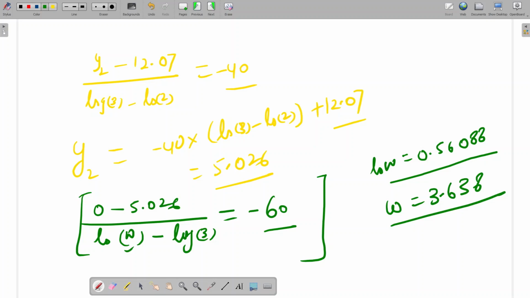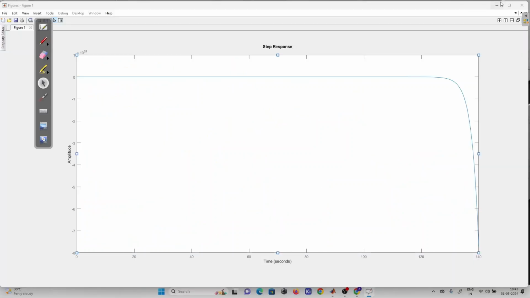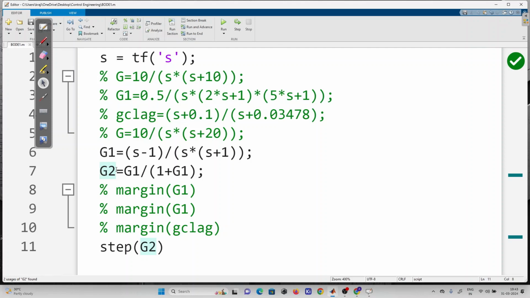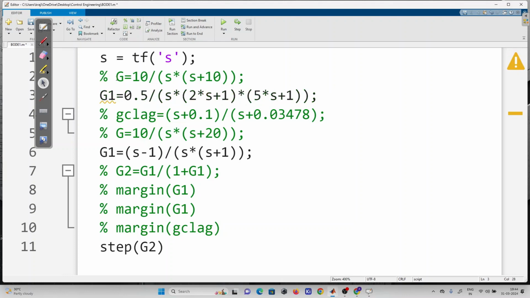So I'm going to use the MATLAB. We'll see whether this omega is correct or not. Okay. Omega is equal to 3.638. So our transfer function is 12 into s plus 4 divided by s plus 1, s plus 2, s plus 3. Okay. So 12 into s plus 4.